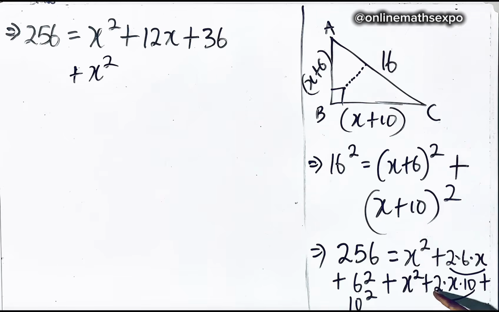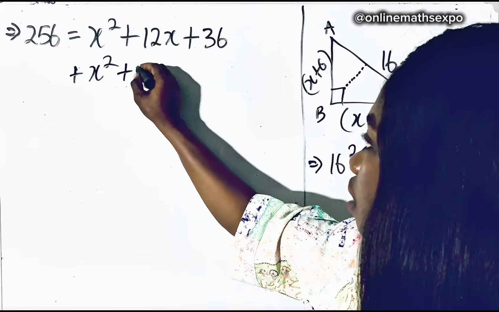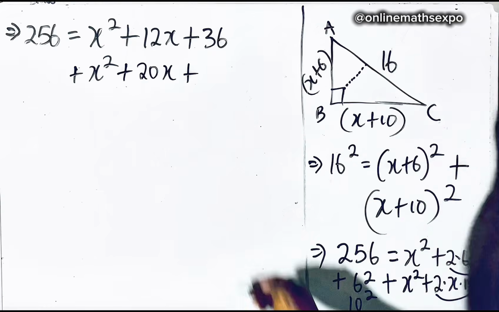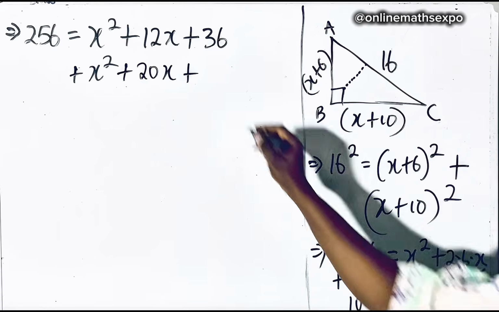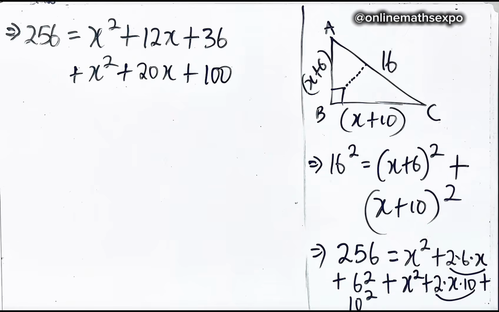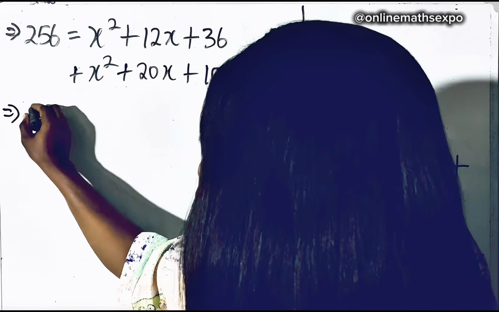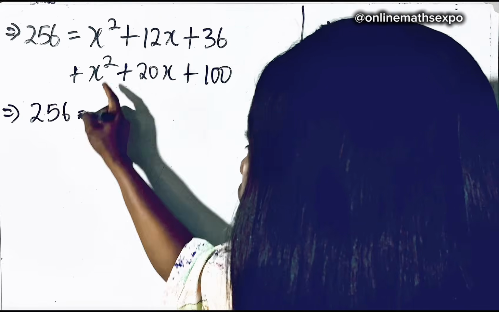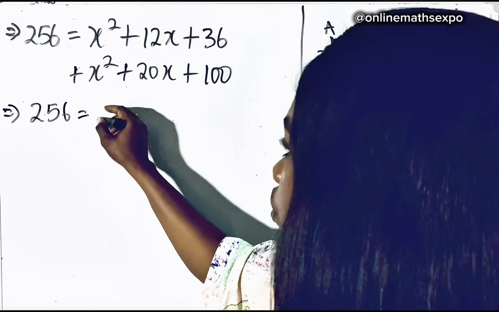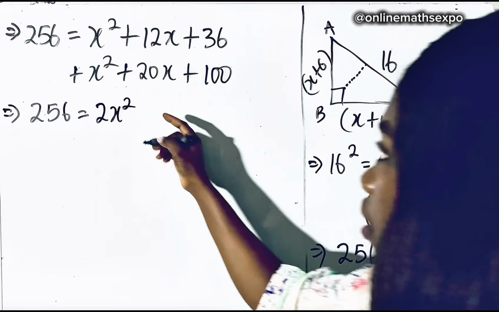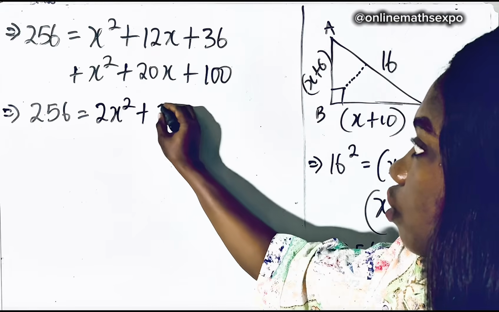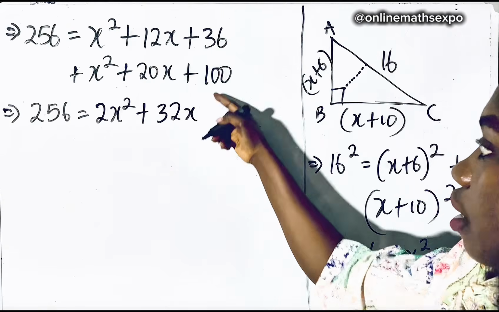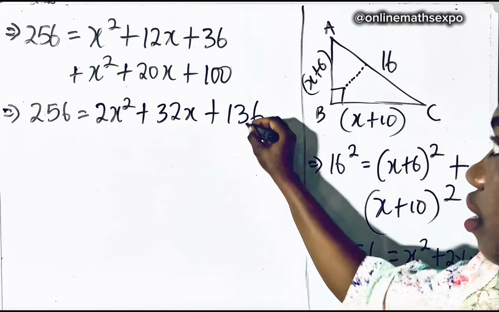For this we multiply, and that will give us 20x. Then 10 squared will give us 100. Let's keep simplifying. This will give us 256 is equal to, add these two, it gives you 2x squared. Add these two, it gives you 32x. Add these two, it gives you 136.